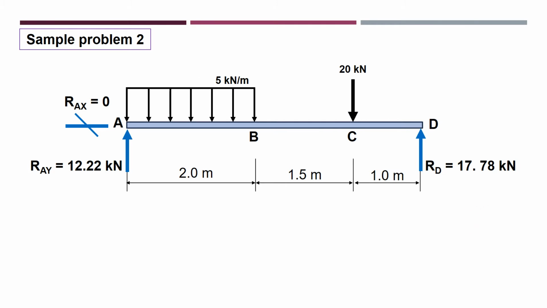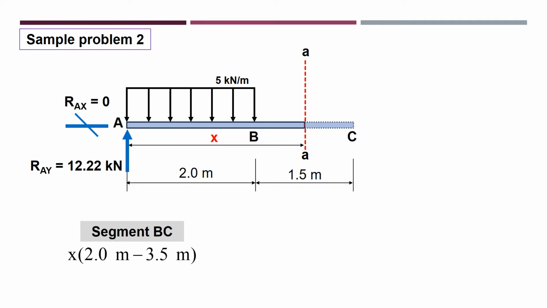So this is again our original beam, and this time sa segment BC naman, we pass an imaginary cutting plane through BC, measure the distance from A. So this is now segment BC, and for segment BC, the limits are from 2.0 meters to 3.5 meters.